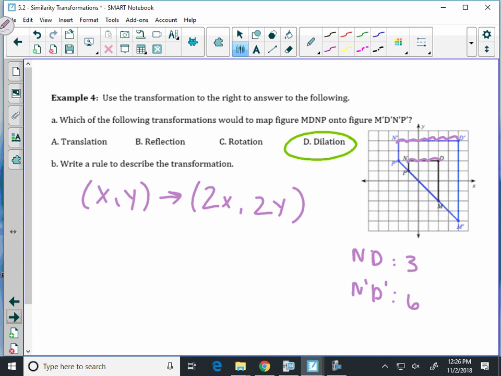Now sometimes it's not that clear cut, it's not that obvious, like oh, I multiply 3 by 2 to get 6. When you get a weird scale factor, you're going to do the image over the pre-image.